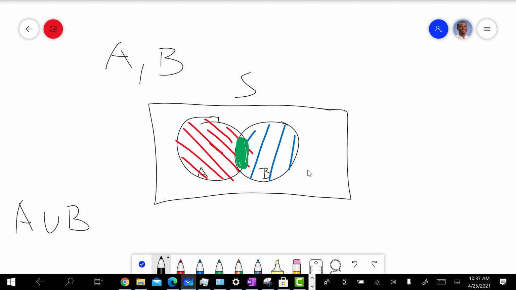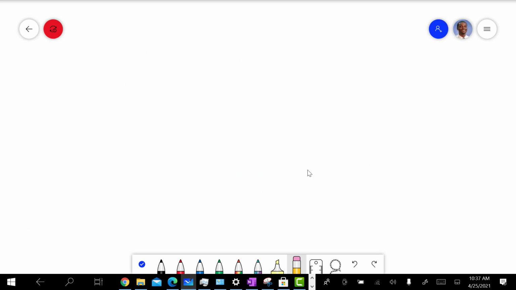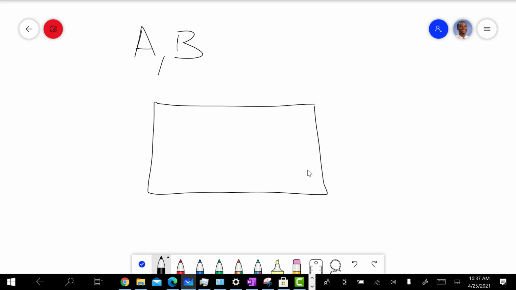Now let's talk about the intersection between two sets. It's pretty simple. Let's consider again the same two sets, A and B. The intersection is the elements that belong to A and B at the same time, and not only A and not only B. Drawing my Venn diagram again, the elements that belong to A and B at the same time are this portion here.